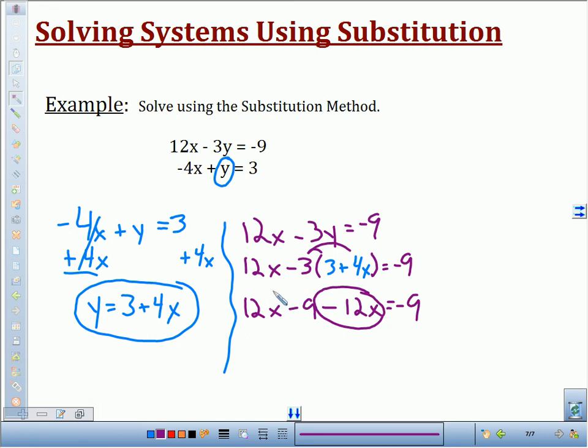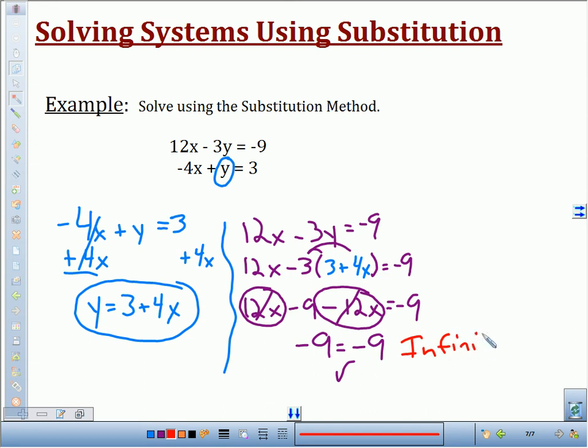And now we can see here, I have 12x and negative 12x. Those two cancel out, just like in the last problem. 12x minus 12x is 0, so I have negative 9 equals negative 9. Well, negative 9 equals negative 9, that's a true statement. That's always true. Negative 9 always equals negative 9. Therefore, we have infinitely many solutions.